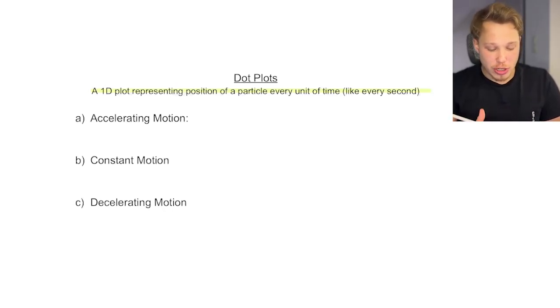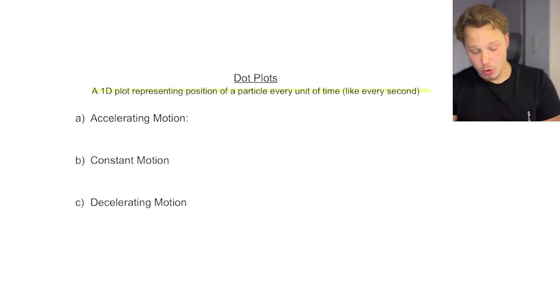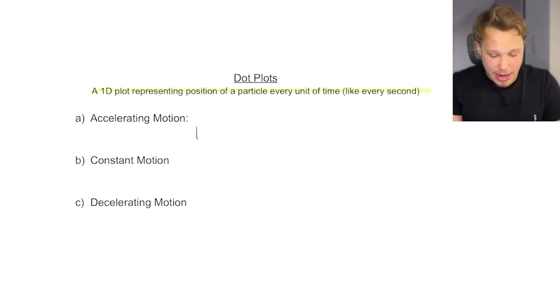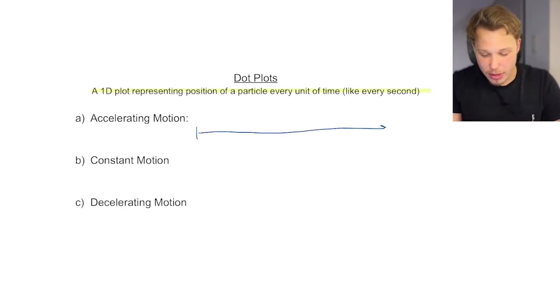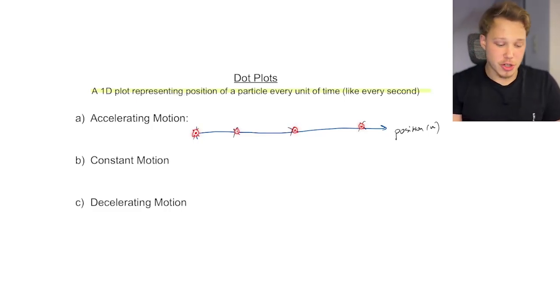Let's analyze three different types of motion: accelerated motion, constant motion, and decelerating motion. In an accelerated motion, every second you cover a bigger and larger position. So your dots are becoming further and further apart from each other.